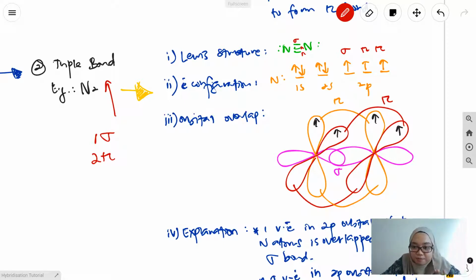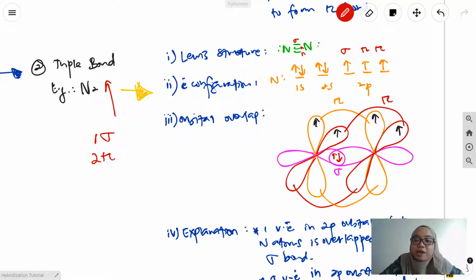Since we know that the sigma bond is formed by end-to-end overlapping, one of the 2p orbitals is drawn lying end-to-end so that it can overlap end-to-end to form a sigma bond.